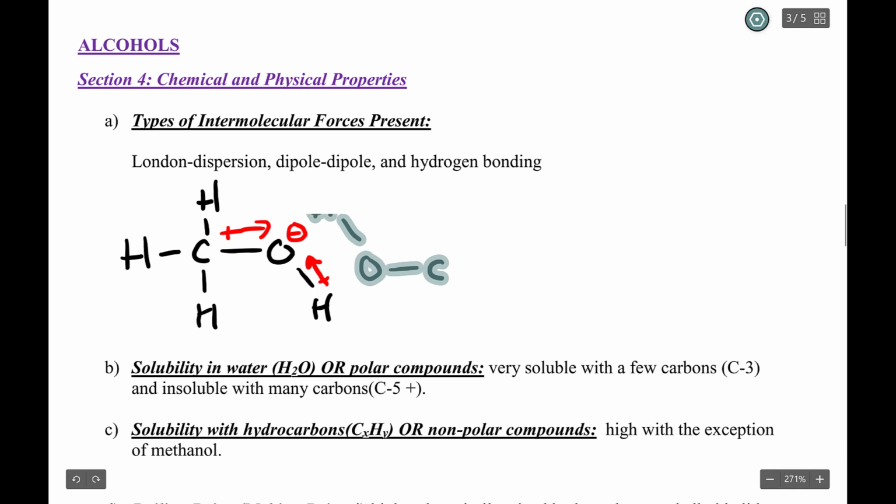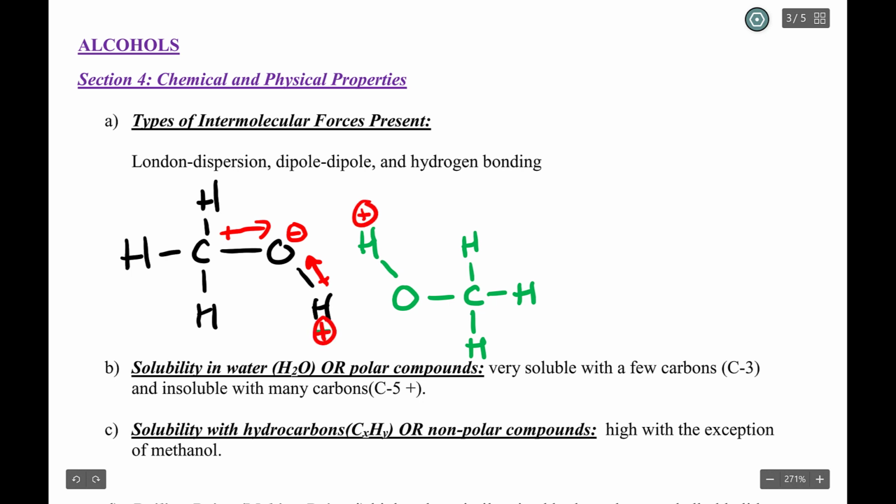Maybe I'll do it in a different color so you can see the difference. I'll do this one green. So I'll have HO. Okay, here's another methanol. What happens is these hydrogens here are very, very positive, and the oxygen is very, very negative. And so you can form a hydrogen bond, which is one of the strongest intermolecular forces, between two methanol molecules. And so this would be the H bond.